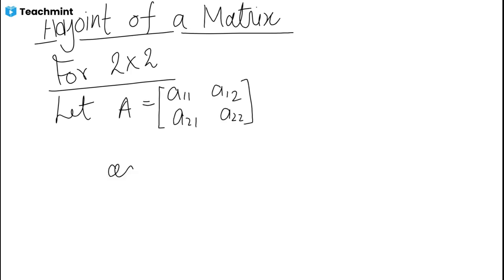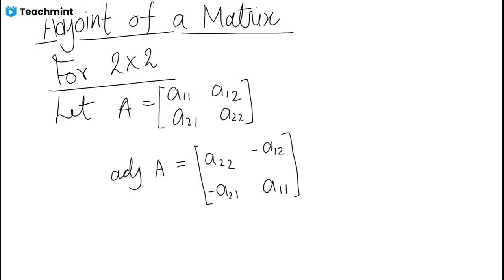So adjoint of matrix A is equal to: we just exchange these elements and take the opposite sign of the other elements to find adjoint of A. A22 and A11, minus A21 and minus A12. This is the adjoint of a 2 by 2 matrix.